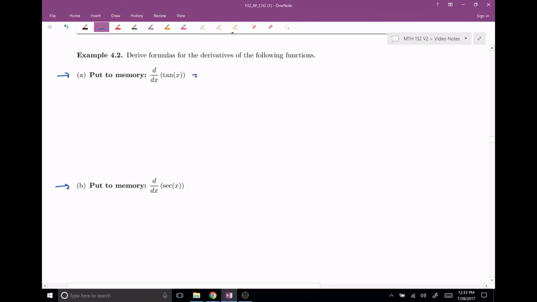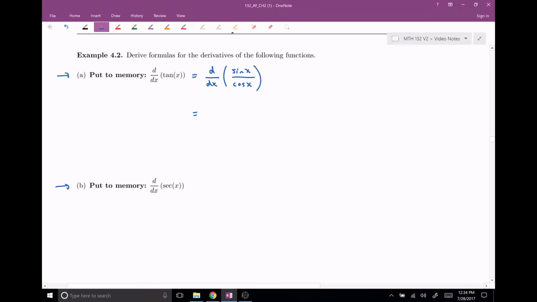Well, I know that tangent I can go ahead and rewrite as sine over cosine. So this is going to be the derivative of sine over cosine. And since we know the derivative of sine and we know the derivative of cosine, the claim is all we need is the quotient rule, right, from section number 3, and we'll be able to calculate out the derivative of tangent. All right, so the derivative of tangent, quotient rule time.